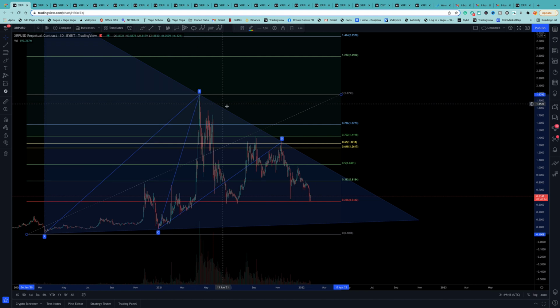So when I do the bottom to the top, here are the rejections on the golden pocket, here it is bouncing off the 5, here it is coming down onto the 382, and then here it is touching the 236. So it is quite possible that this is the bottom in.